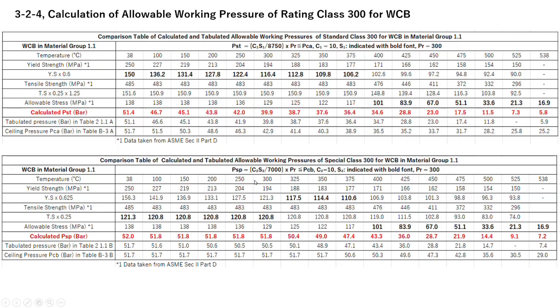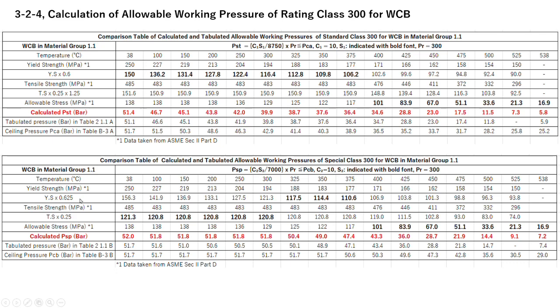So that lower table for special class 300 for WCB. So yield strength and tensile strength same as the standard class number like this. So 62.5% of yield strength specified for special class. Also 25% of tensile strength specified for special class.